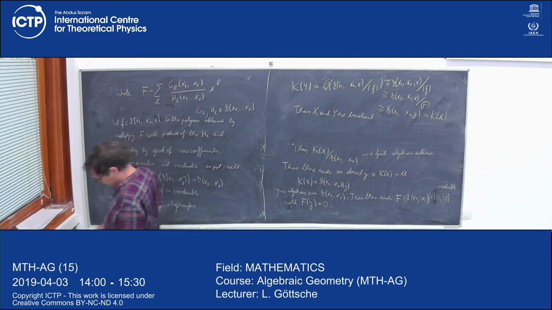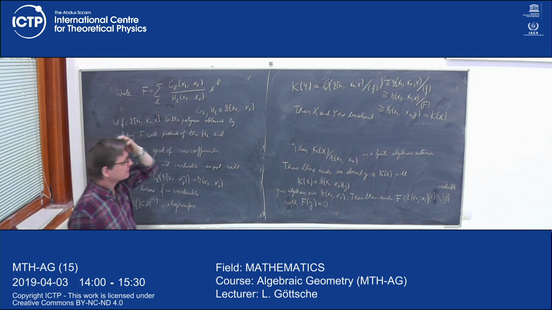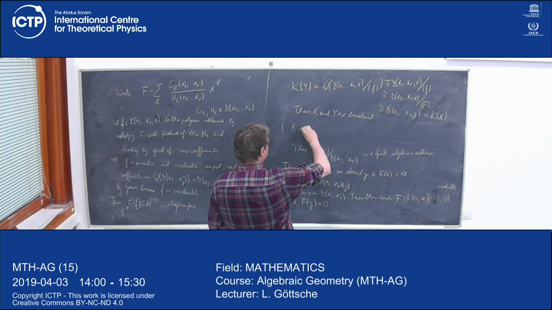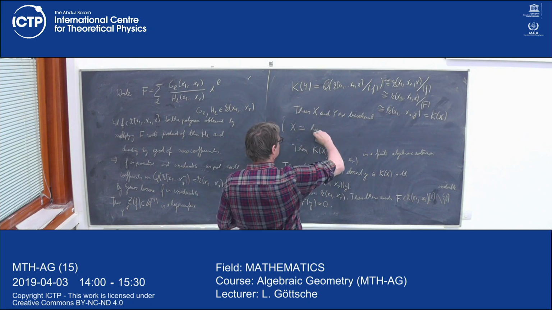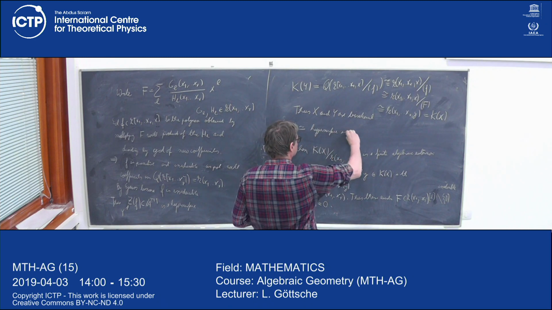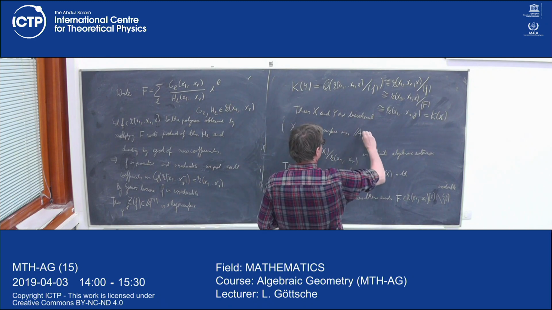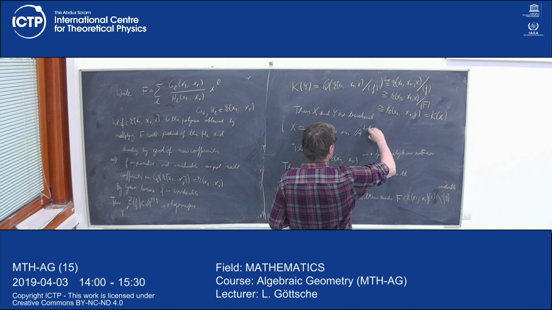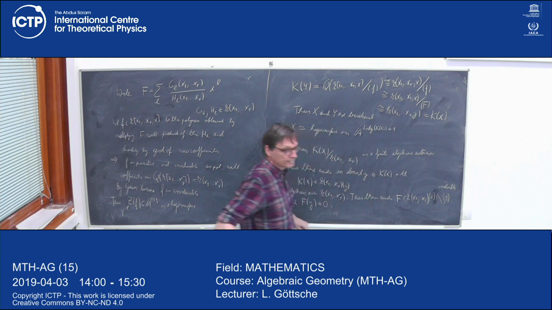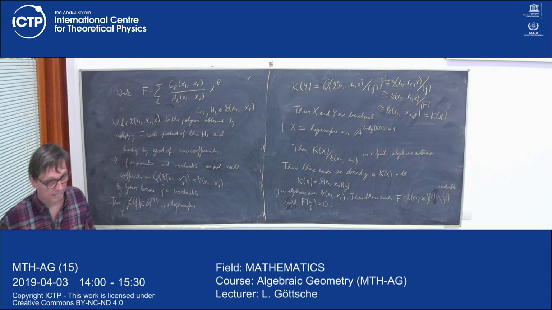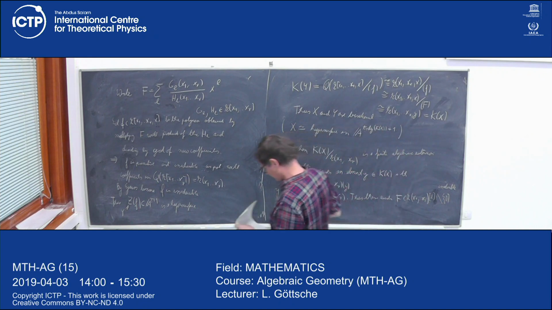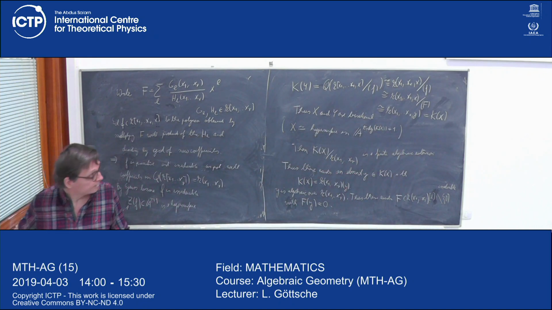I should maybe have said that what we really have proven is that X is birational to a hypersurface in A to the transcendence degree of k(X) plus 1. That's what we actually proved.